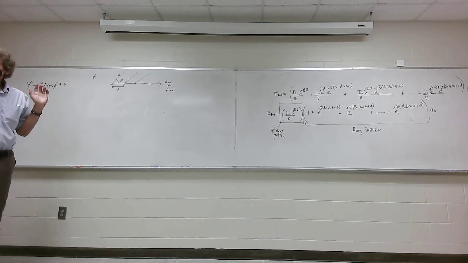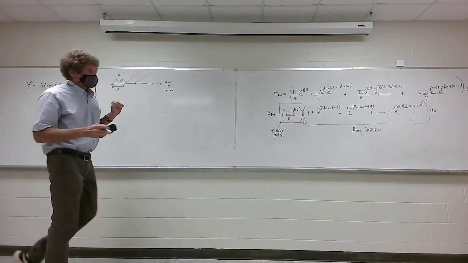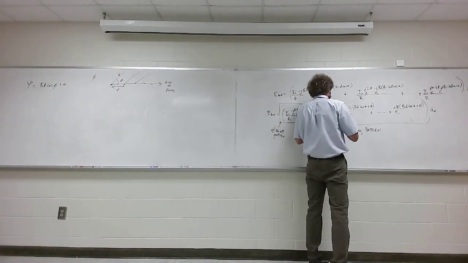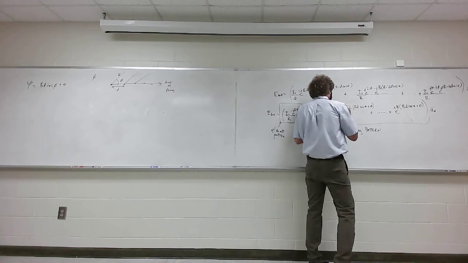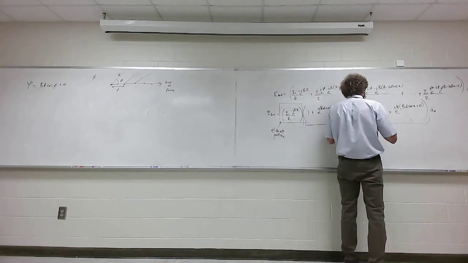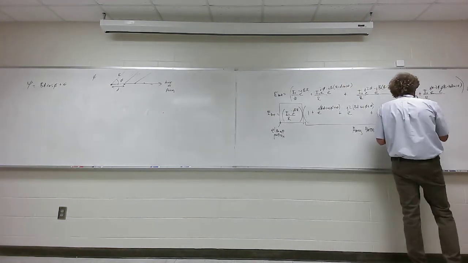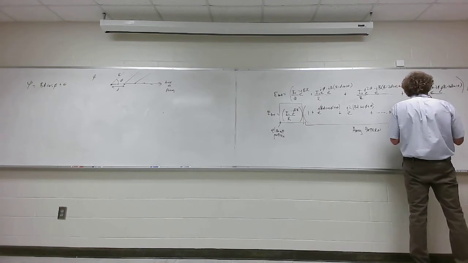In the array pattern, it should be cosine phi plus theta. The only reason I'm doing this is to be consistent with his book.